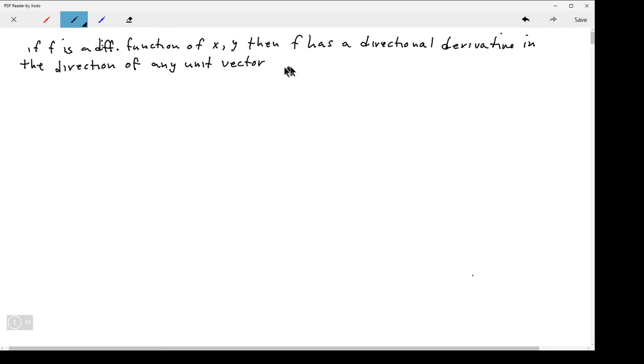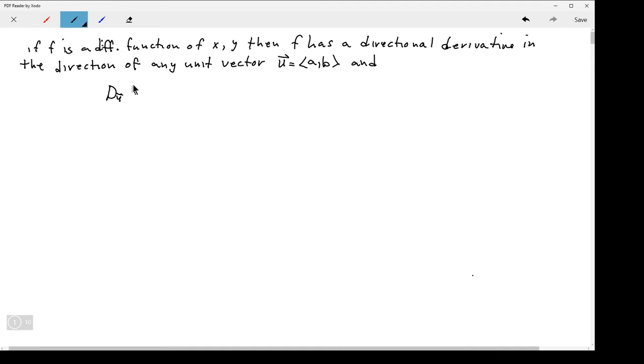Now we're going to define our unit vector. We'll call our unit vector u, and we'll call it ⟨a, b⟩ over here. The notation we use for directional derivative is a capital D with a subscript of the vector that we're using.